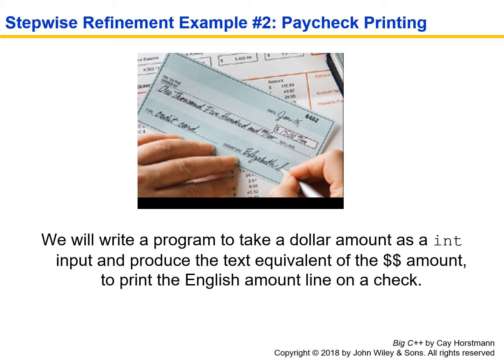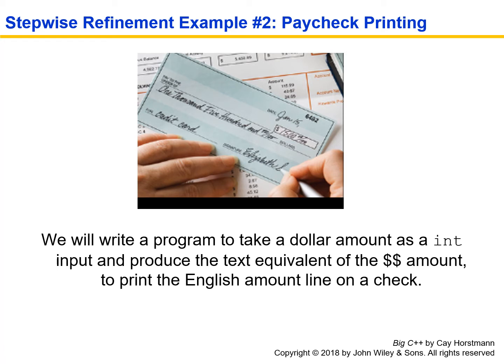If you've ever written a check, you know that you not only write down the number in digits, but you're supposed to write out the amount that you're paying in English words. So if I'm paying you $556, I'm supposed to write out 556 in the big blank in the middle of the check.